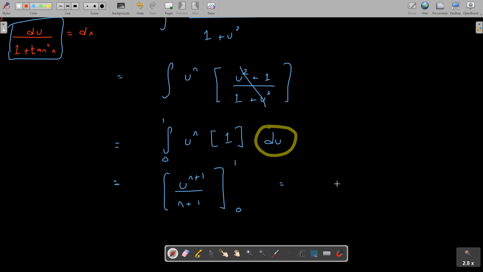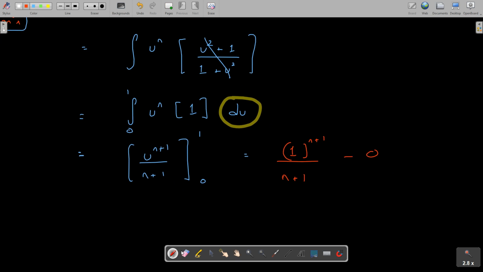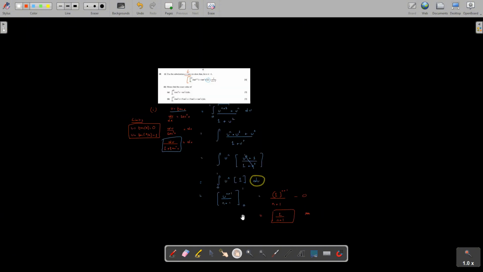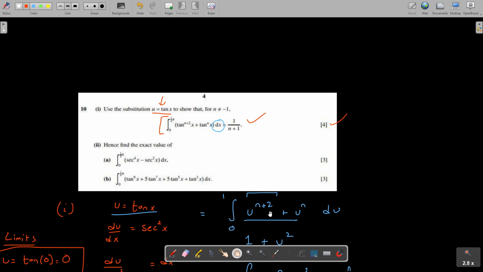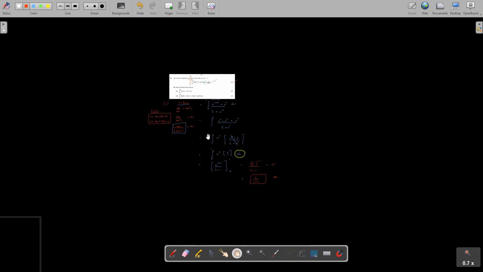So 1 power n plus 1 divided by n plus 1 minus 0 is our answer. And we know 1 power anything is just 1. So 1 over n plus 1 is our final answer, and therefore we have proved the first part to be true. That's 4 marks for you right there. Now let's move on and do more parts.